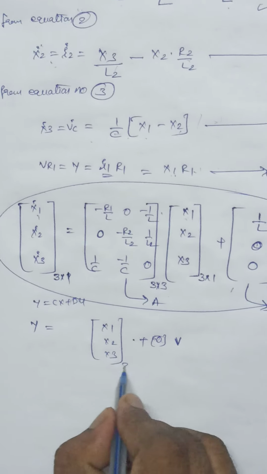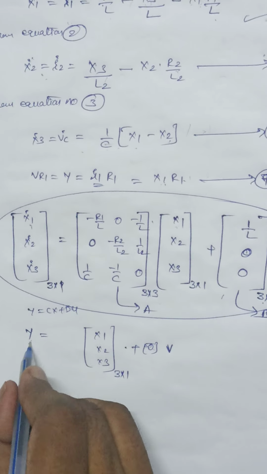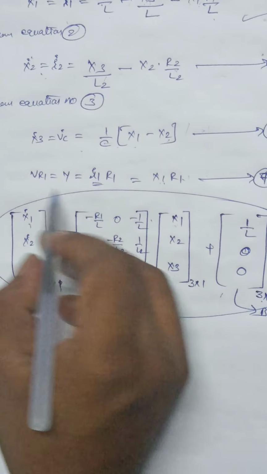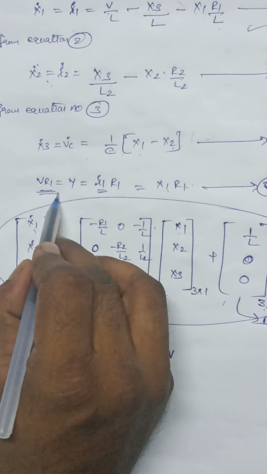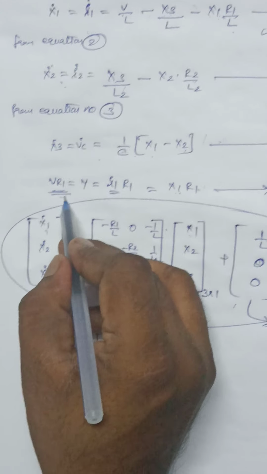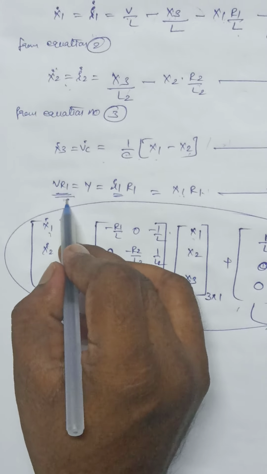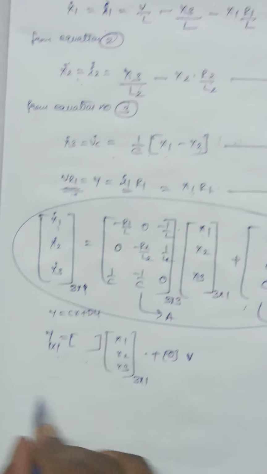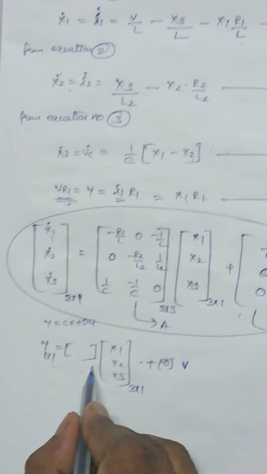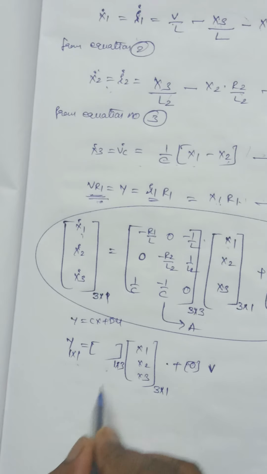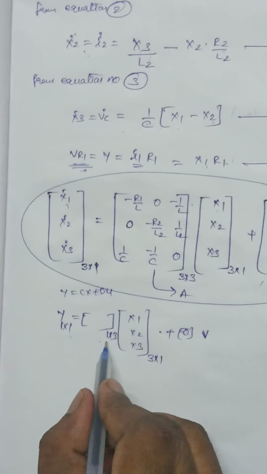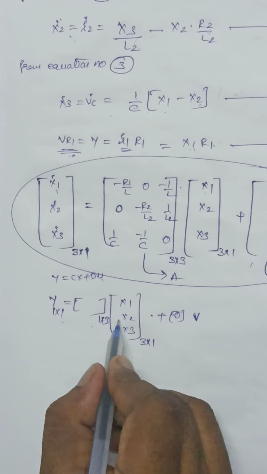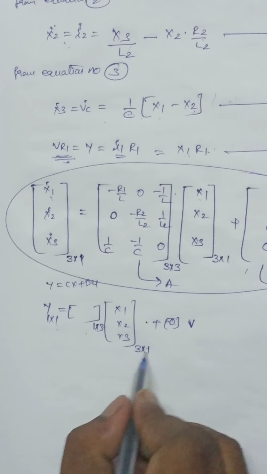Since x is 3 by 1 and the output is only 1 by 1, because I am taking the voltage across the resistance as the only output here, the C matrix should be 1 by 3. That means 3 columns will be there, so that I will get a 1 by 1 matrix.